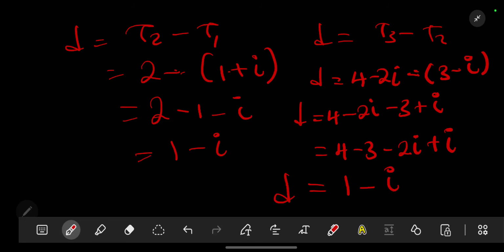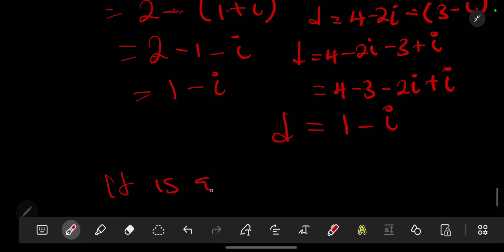So it is an AP. This is part of the marks.